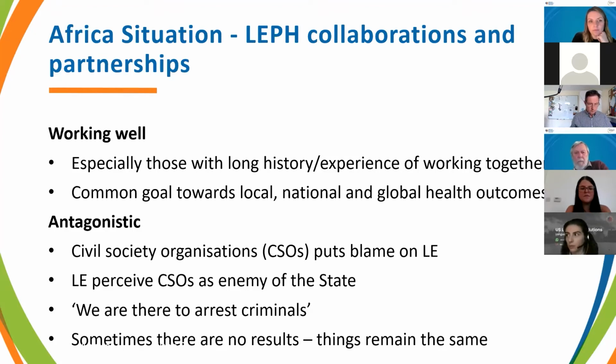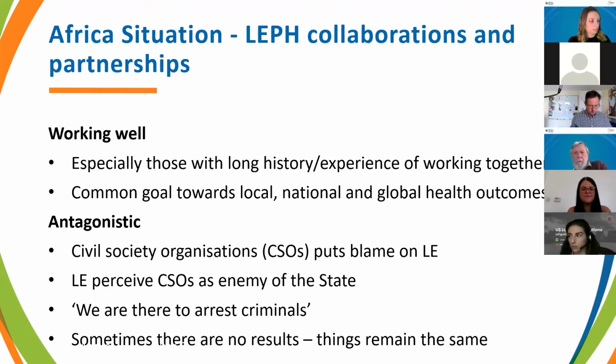But we've also seen that there is quite a lot of antagonism as it relates to civil society organizations. Mostly, when there's a situation on the ground or there are problems, usually the blame is put on law enforcement. I will elaborate more on this point.